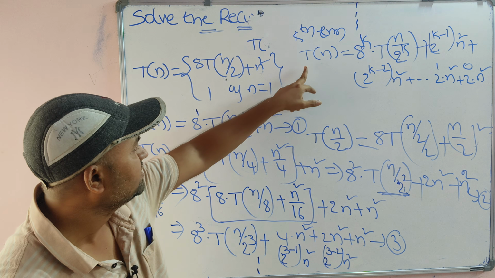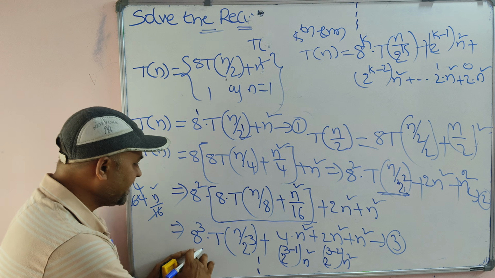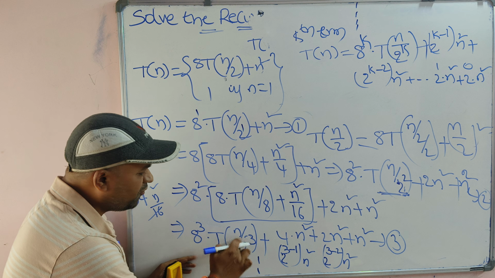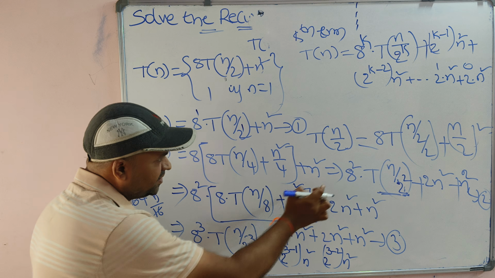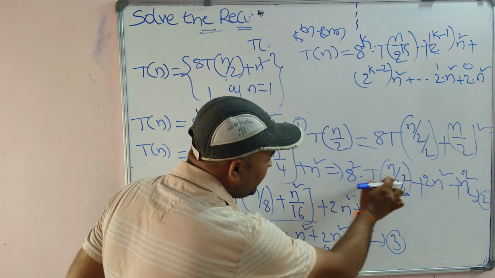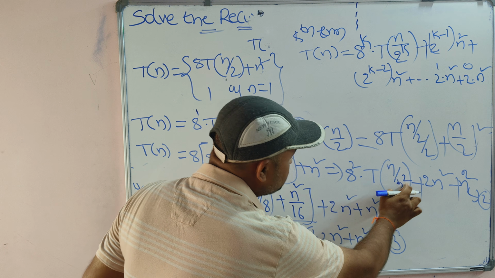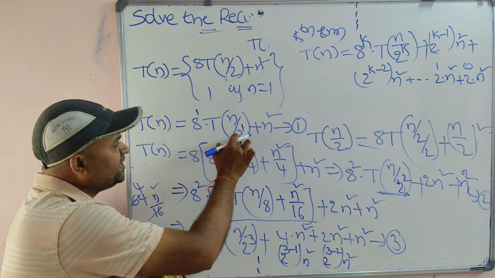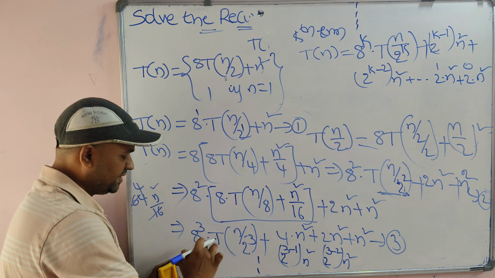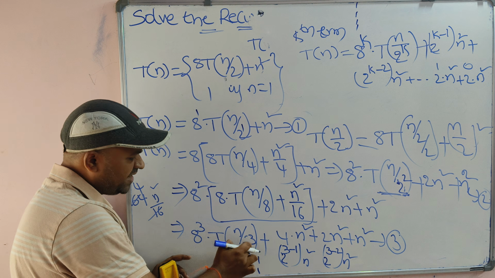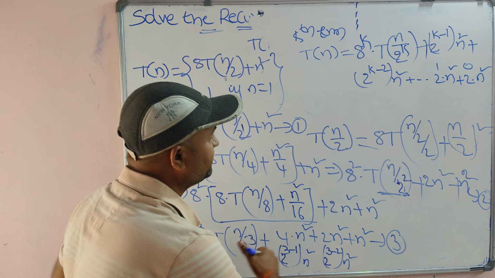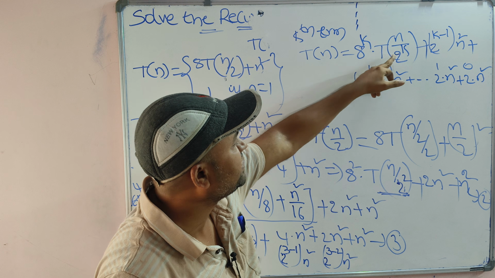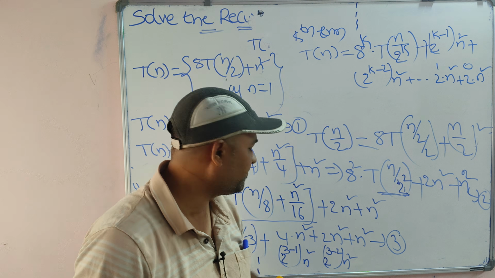If you see here, T of n equals 8 power k into T of n by 2 power k. So we are assuming this power as k. Here also we have 8 square into T of n by 2 square, 8 power 1 into T of n by 2 power 1. So this power value is nothing but k. These two are same. So T of n equals 8 power k into T of n by 2 power k.